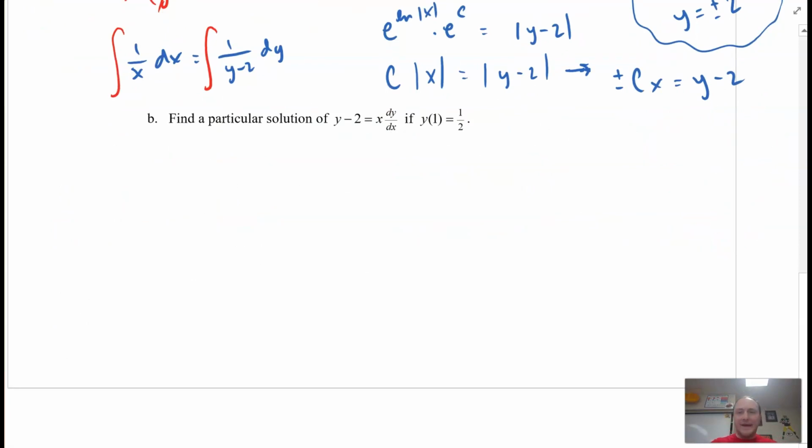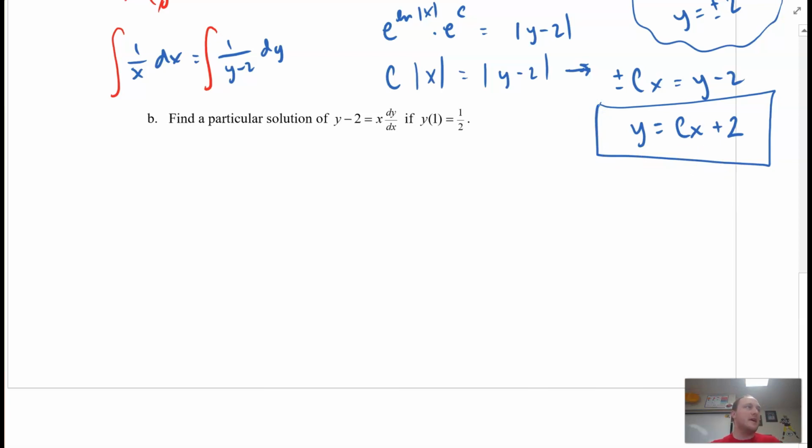And plus or minus c, that's just c, it's just a constant. So what we get is y is equal to, after I add 2 to both sides, cx plus 2. So there is our general solution for this example.